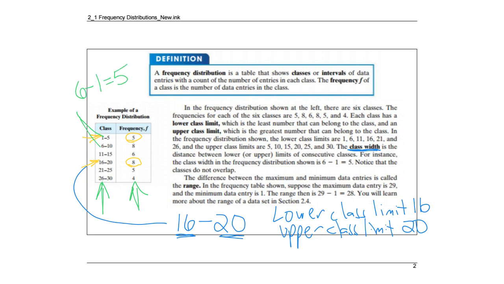That's the class width. Even if I came down here and looked at the last 2, if I take 26 minus 21, so I'm looking at the lower class limits for each of them, I would also get 5. So our class width is going to stay the same, but it's a little deceiving. We cannot just subtract the numbers that are inside the class. We have to look at 2 separate classes.